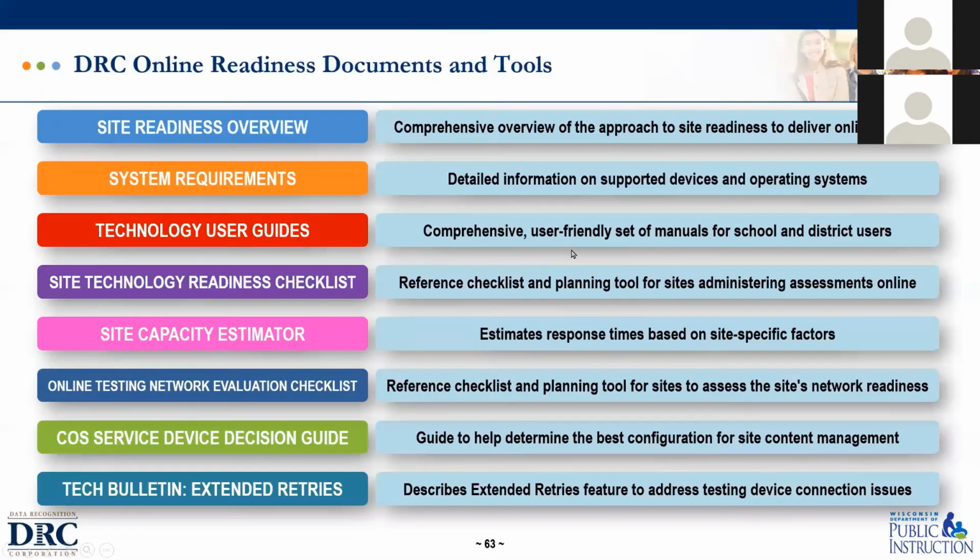The technology user guides are where we have all the information about how to install and configure the various operating systems for the DRC Insight secure applications and the COS service device. There's also the technology readiness checklist, which we'll talk about in a second, and the capacity estimator. All of this documentation is there for you to reference to help you be successful before and during testing.